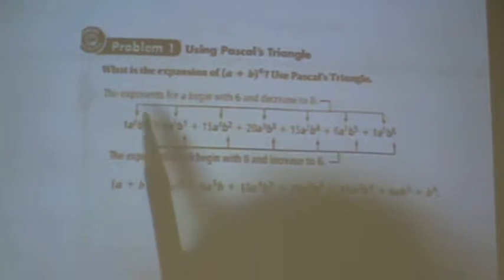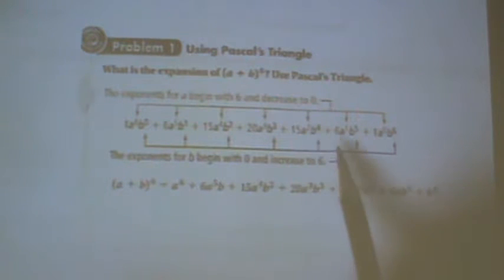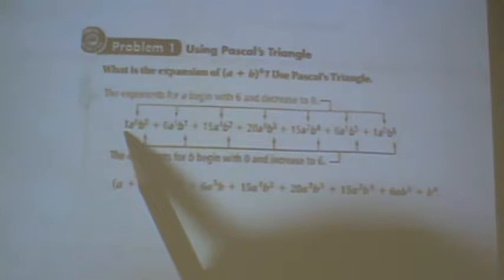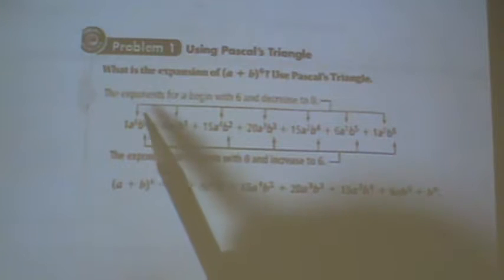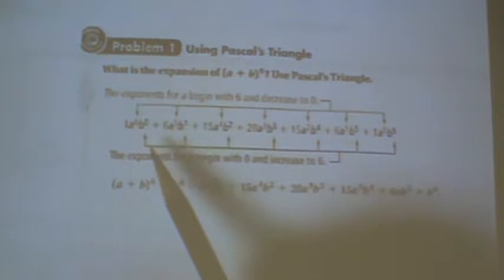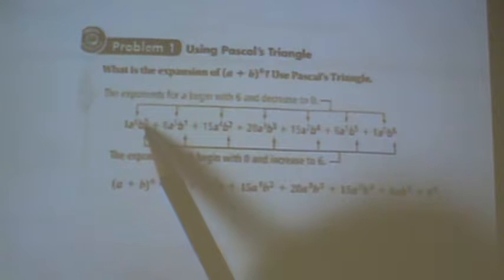So after you do this expansion, then you're going to want to simplify it. So we have 1 times a to the 6th times b to the 0. What's b to the 0? 1, because anything to the 0 is 1. So we have 1 times a to the 6th times 1.